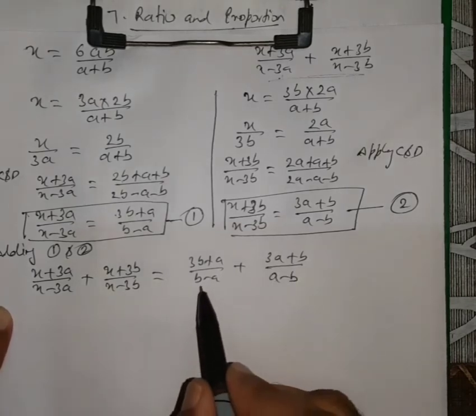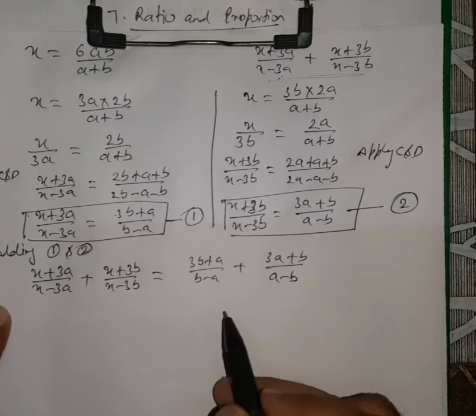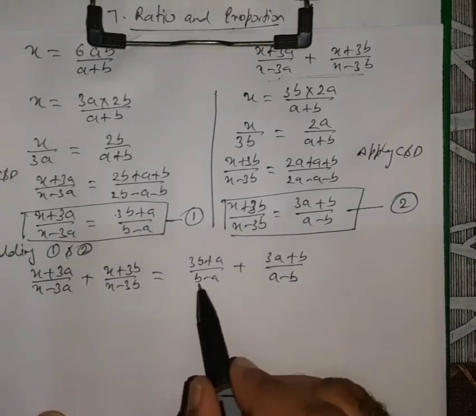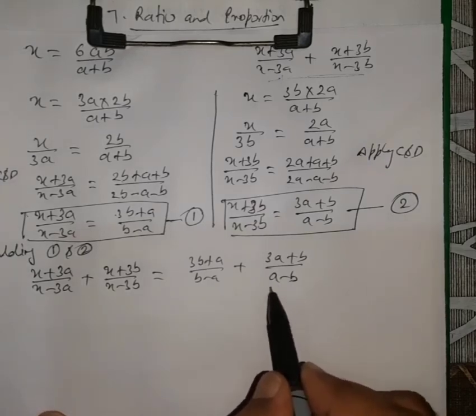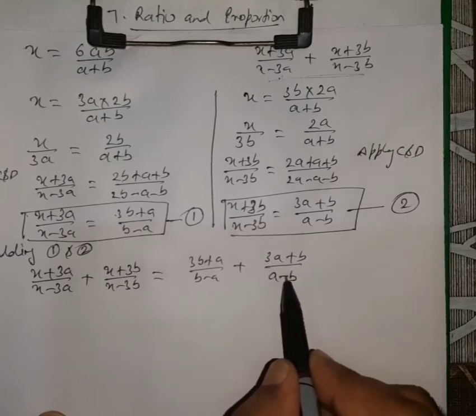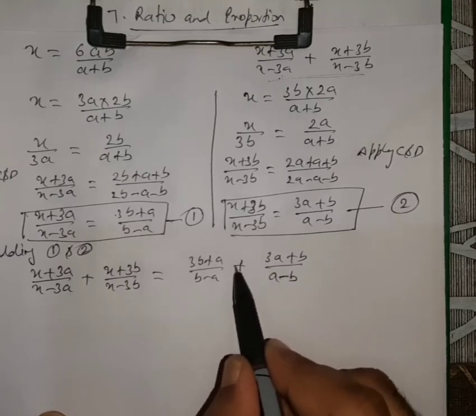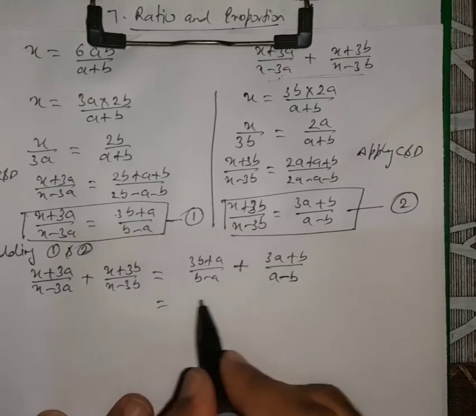Now since the subtraction is not commutative, if I am changing, this is b minus a and this is a minus b, so if I want to write this as b minus a, then I will have to take negative common, means this plus will change into minus to make the denominator same.